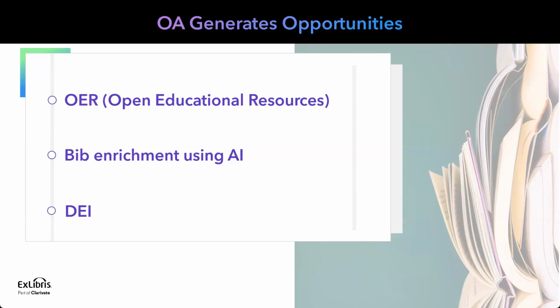And maybe just a peek into the opportunities that open access generates to support various aspects of library workflows. Just mentioning here OER, open educational resources, that can present a solution to expensive textbooks as supporting resources for teaching and learning.